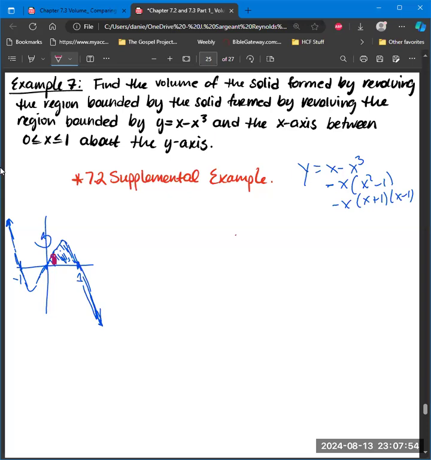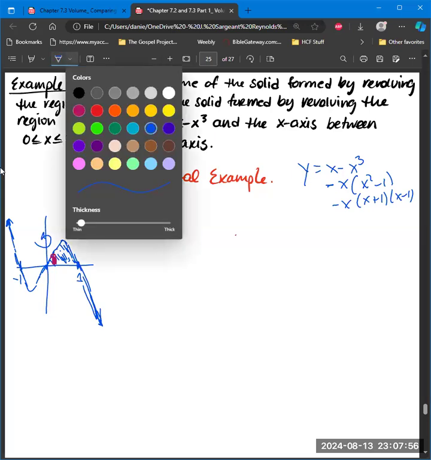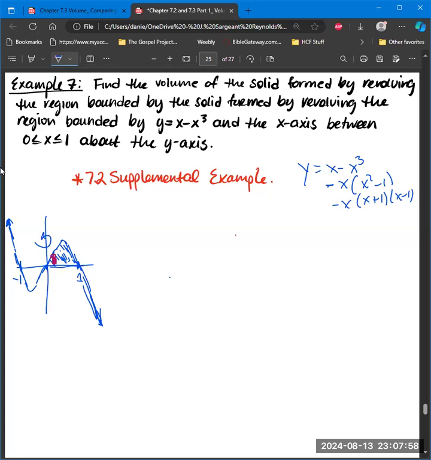And that makes a lot of sense to me because we've got y equals 0 down here and y equals x minus x cubed up there. So we have 2 pi, and then x is going from 0 to 1. We're going to have a dx out here.